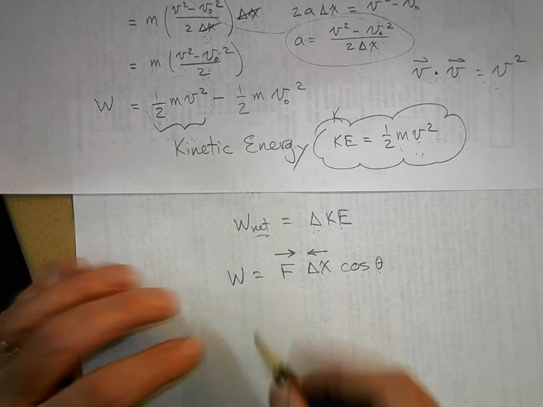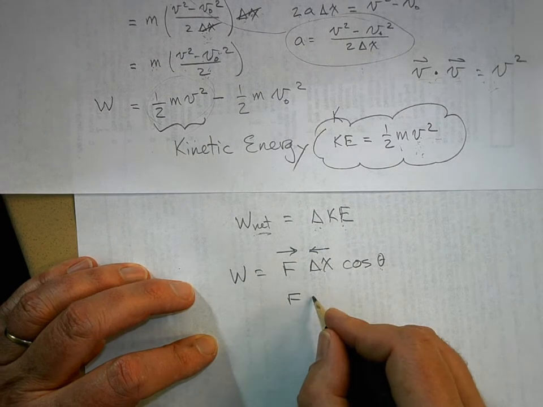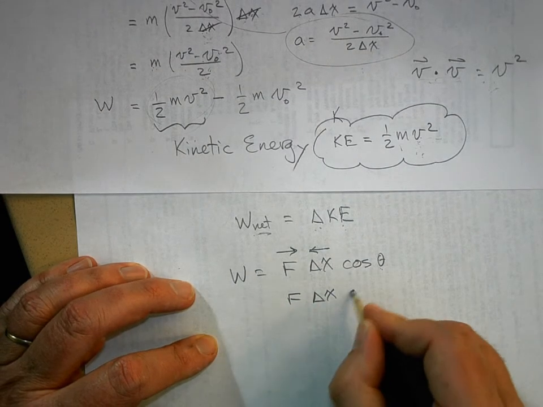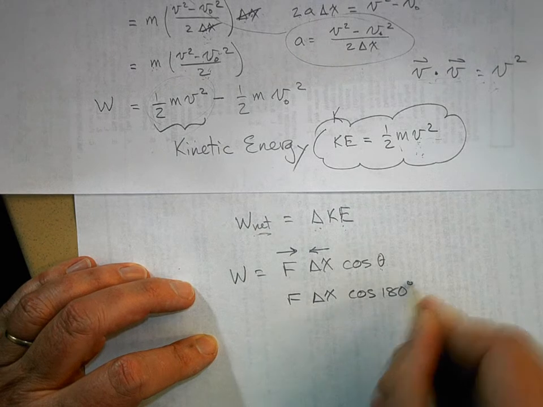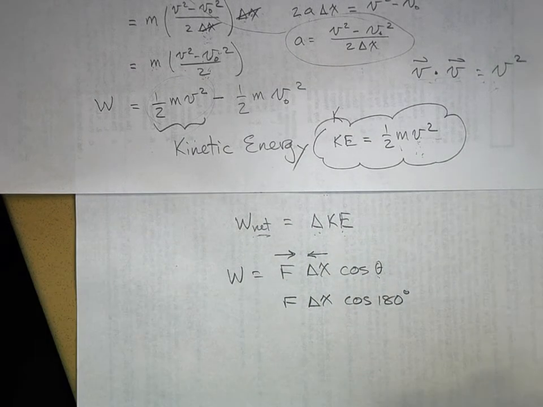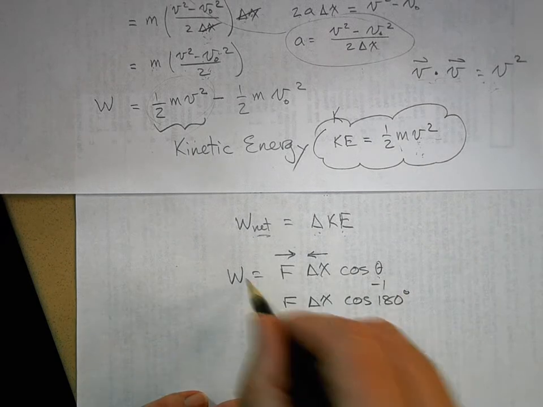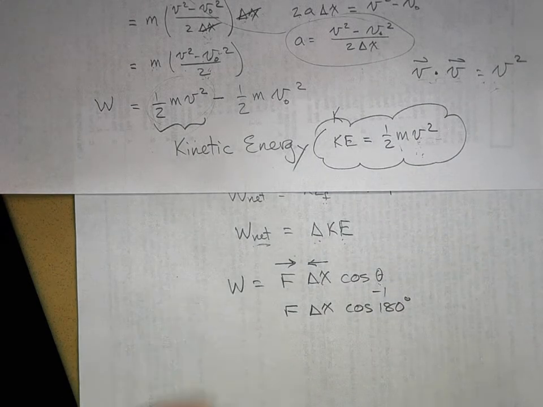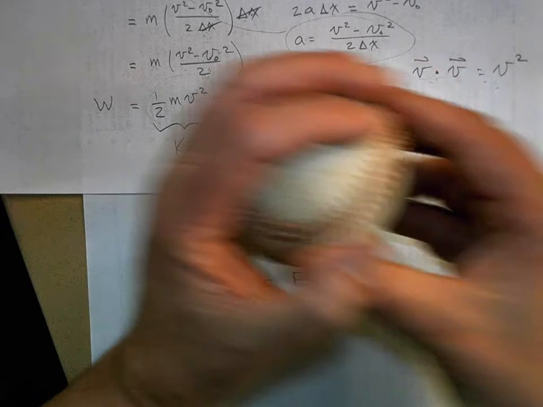So whatever this force is, times whatever this displacement is, times the cosine of 180 degrees. What is the cosine of 180 degrees? -1. So this is going to be negative work. When I catch a baseball, I'm doing negative work on it.